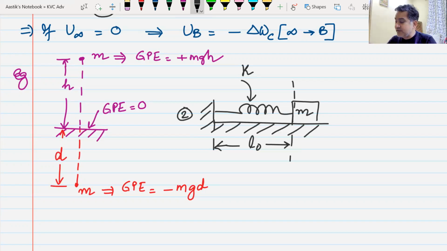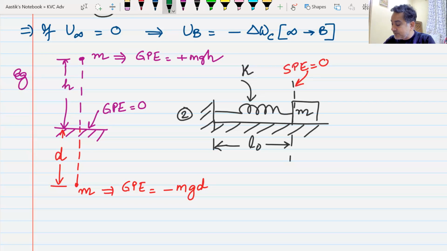At this natural length of the spring, we can take the spring potential energy as 0. When the spring is unstretched, at its natural length, we can take the spring potential energy to be 0.